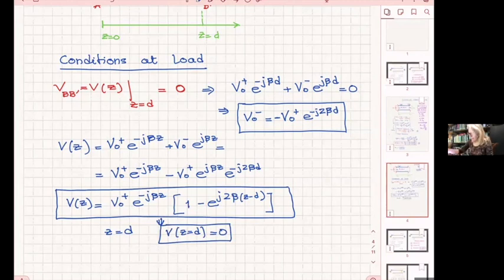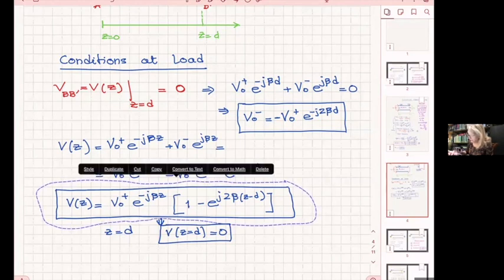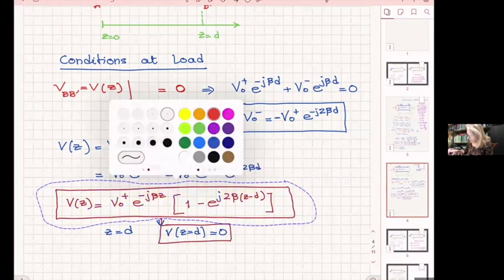So why is this important here as an expression? Because of what is different between this and circuits, and that's what I wanted to bring to your attention.